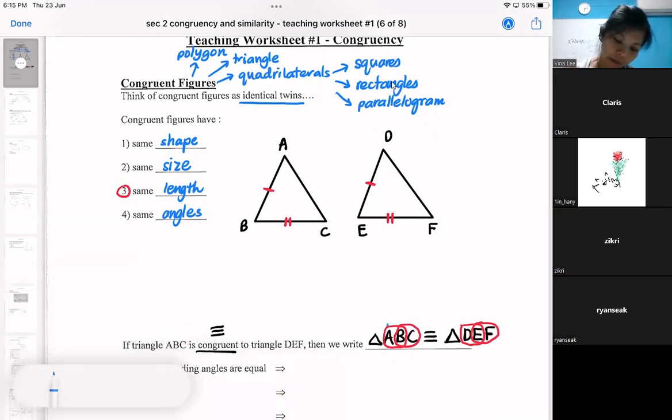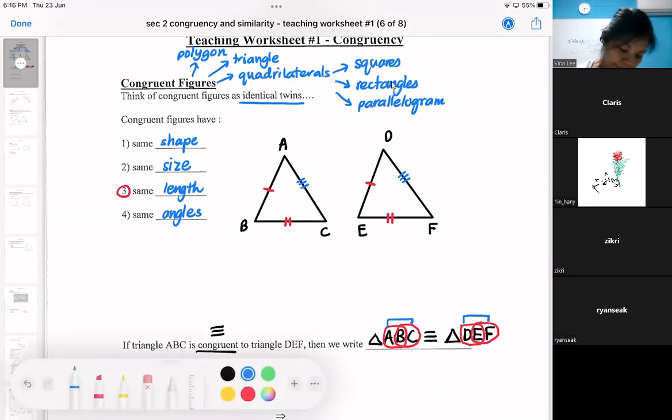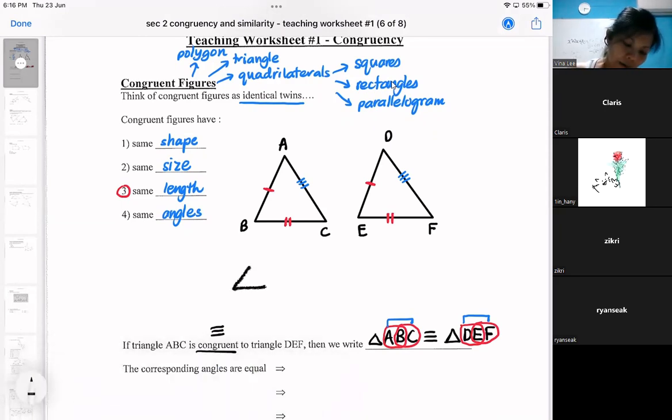And then AC will be the same length as DF. So this statement can tell us which are the same length. This is what we call a congruency statement. This congruency statement allows us to match the length, and it also allows us to match the angle.